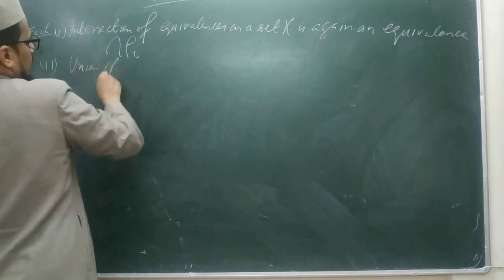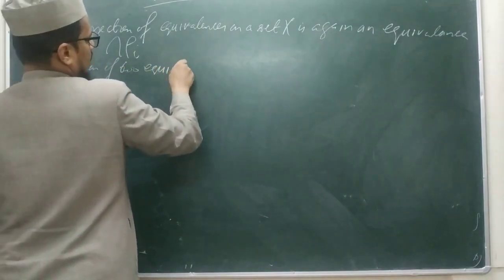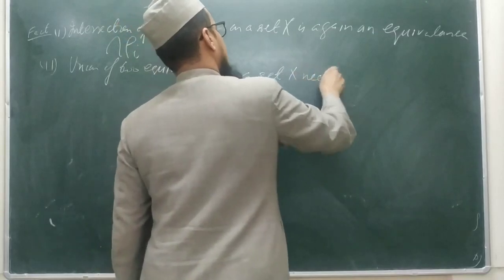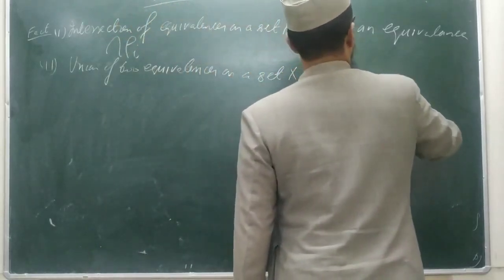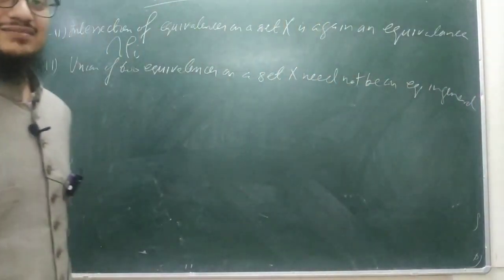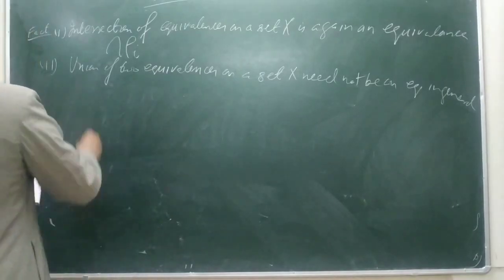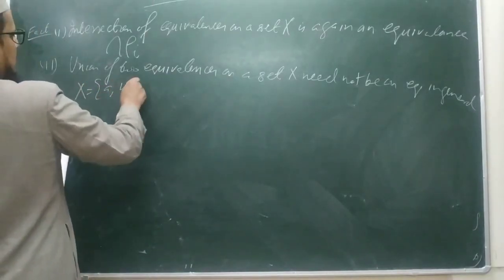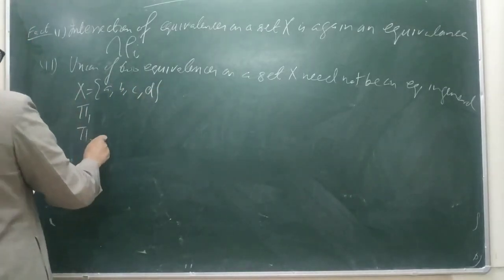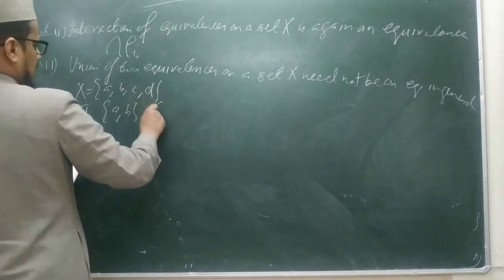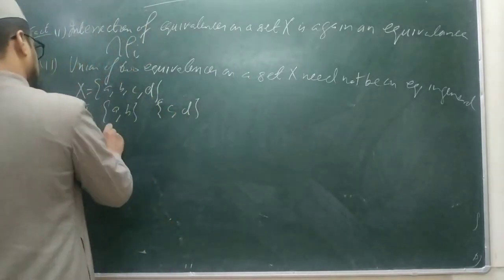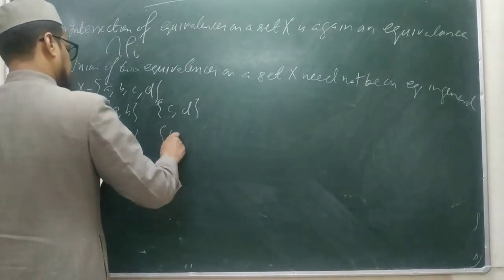Union of two equivalences on a set X need not be an equivalence in general. But we have to support this by an example. So let's see an example. You consider a set X = {A, B, C, D}. Now make partitions, pi 1 and pi 2, that is {A, B} and {C, D}, and {A, C} and {B, D}.